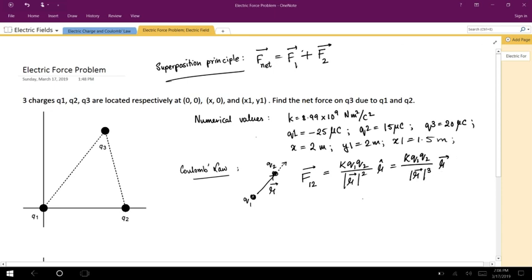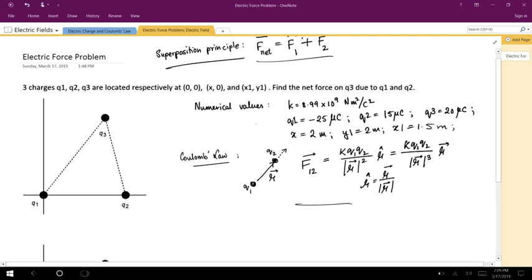What we have used over here is that the unit vector r hat is just r vector divided by the magnitude of r vector, right? So these are the two ideas, superposition and Coulomb's law, that we're going to use. Coulomb's law is going to allow us to find individual forces, and superposition is going to allow us to add those forces together to find the net force.